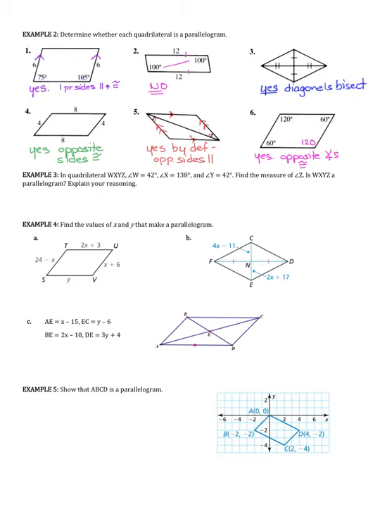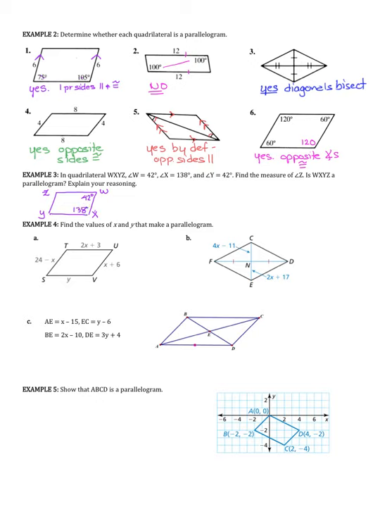Now in this next example, it's giving us some information. So what we're going to need to do is draw ourselves a parallelogram. And we're going to want to put some numbers in here. So I'm going to start here. This is W, X, Y, Z. Angle W is 42 degrees. X is 138 degrees. Okay.